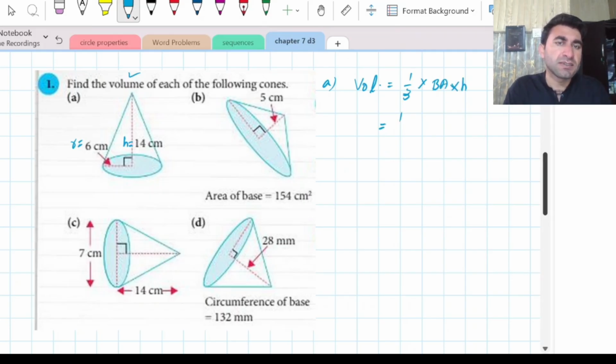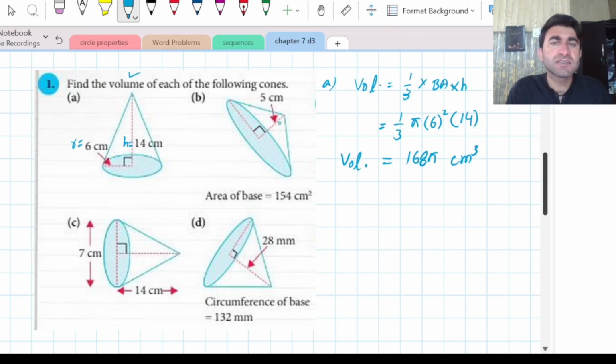So here the base area being a circle, it is pi times radius square, and it is 6, multiplied by height, it is 14. After we use a calculator to figure out the value, it becomes 168 pi centimeter cube. So that is the volume in part A.